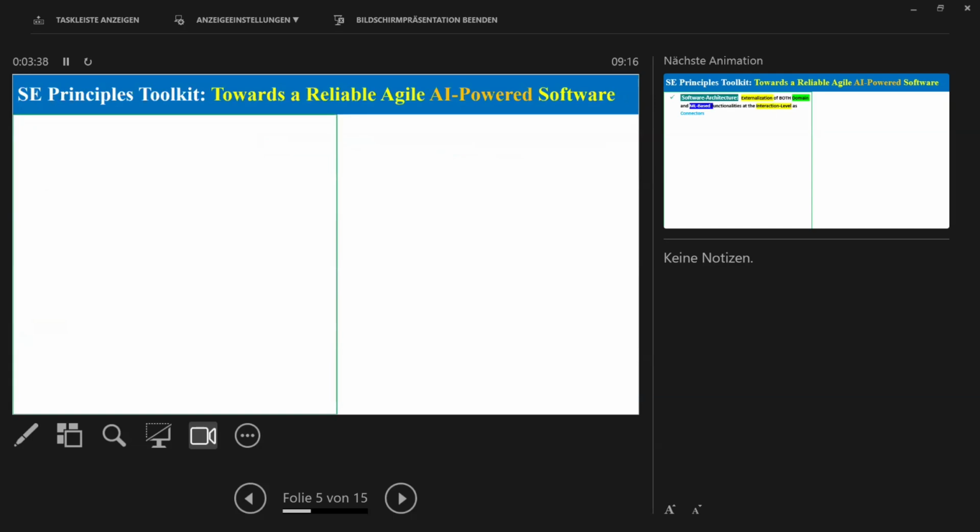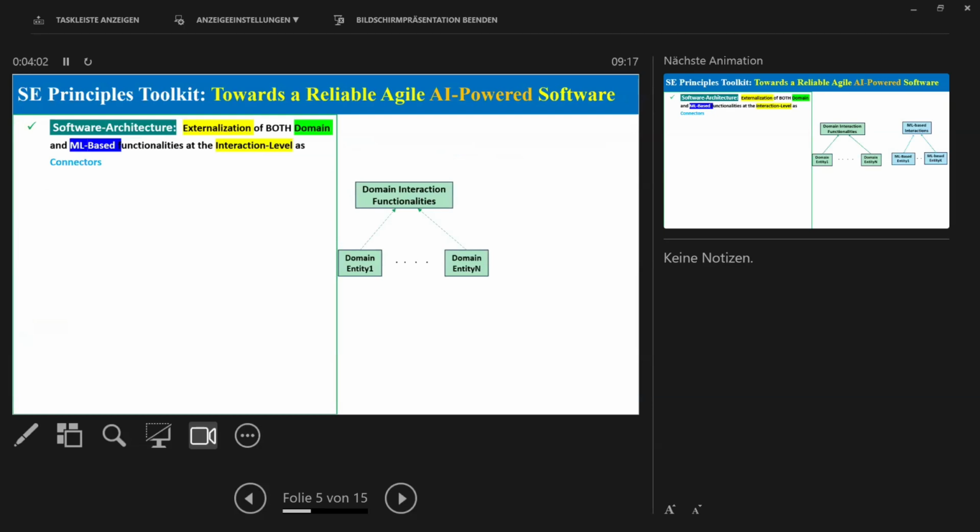As I said, our solution is to recapitulate on software engineering. First, software architecture, which means we try to externalize all interaction at the communication or integration level, known as connectors. We minimize the domain entities, functionality and rules at the interaction level, for both the domain-based application and the machine learning side.